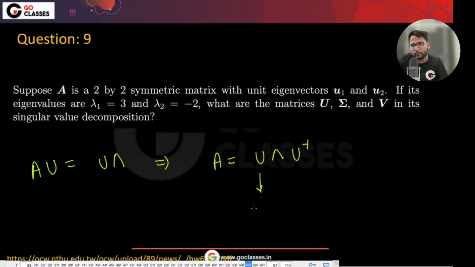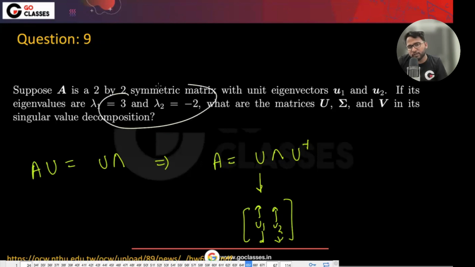So U is given to you, which is U1, U2. Since these are unit vectors corresponding to these two, do you think this is an orthonormal matrix? What do you think? Will this be the orthonormal matrix? In a symmetric matrix, eigenvectors corresponding to different lambda are perpendicular to each other, and the norm is also given to you.